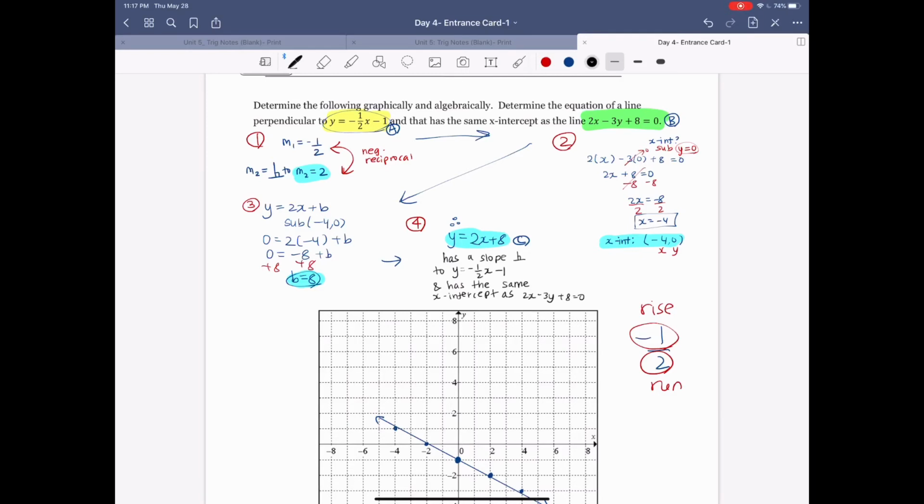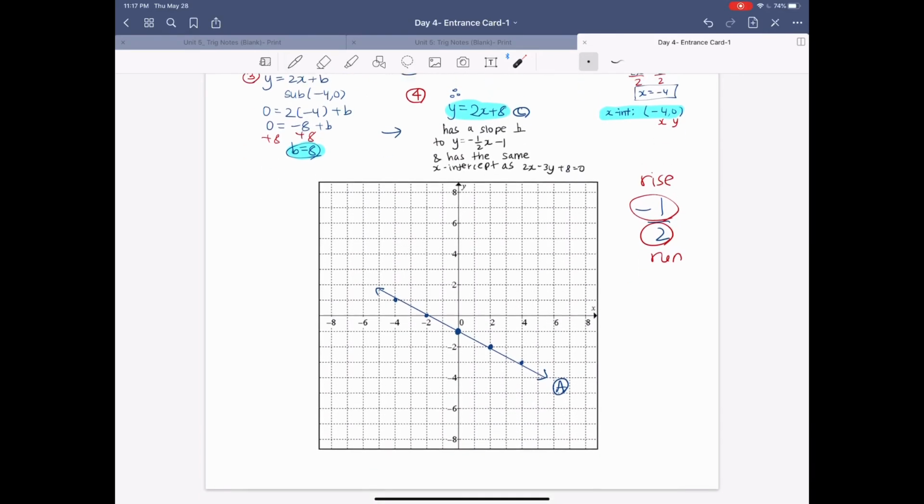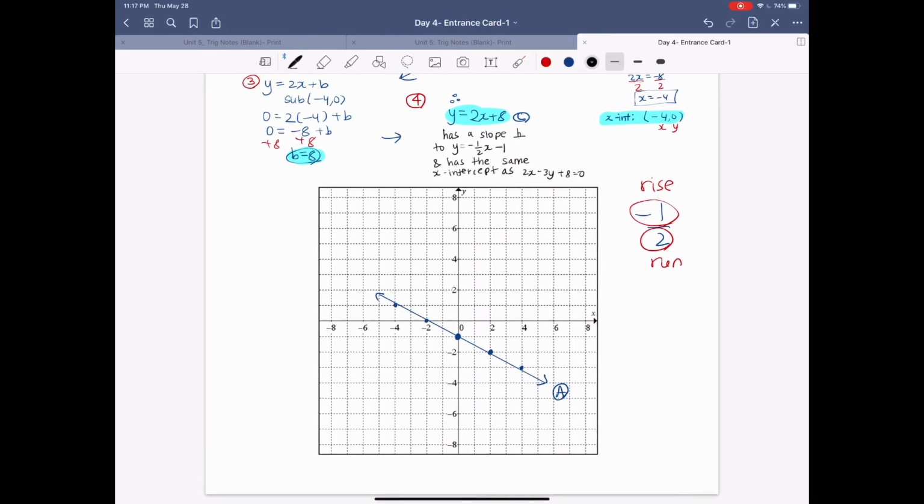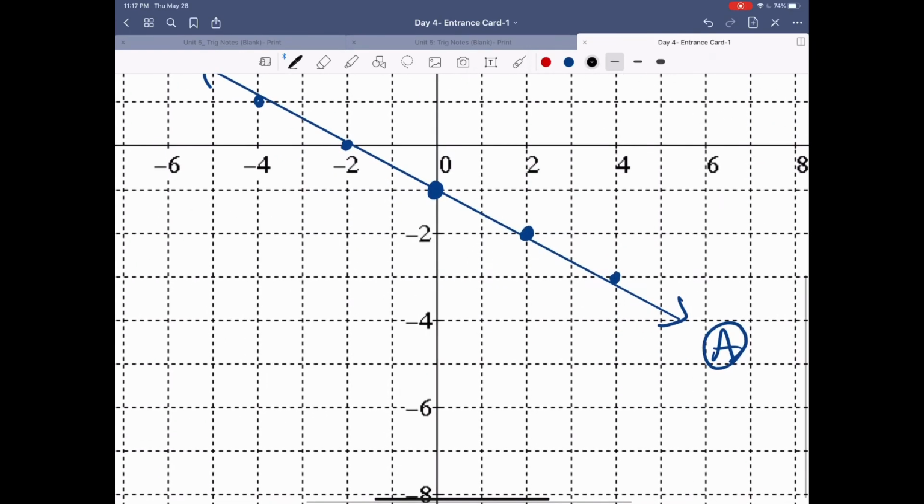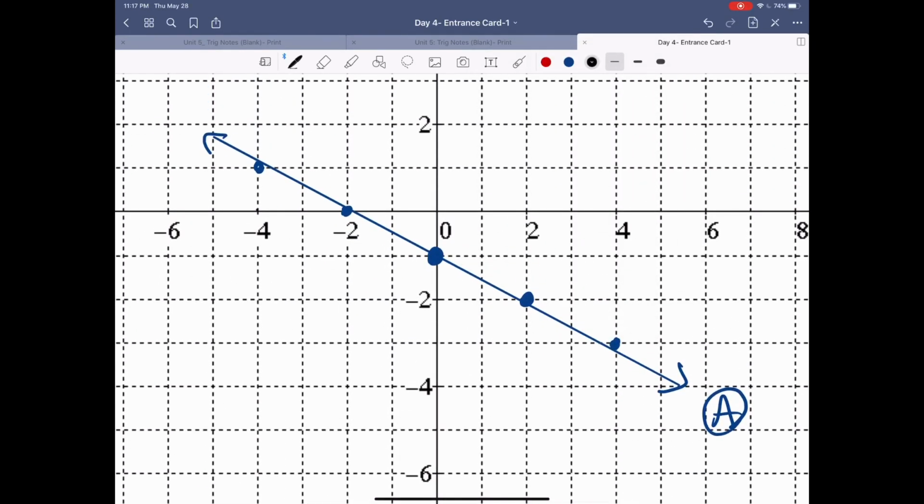I kind of went through it algebraically, so I'm just going to use this information. But if you were purely doing it graphically, you would have to rearrange this equation to get y by itself. So I'm just going to use the information that it goes through (-4, 0), just because I already found that. So (-4, 0) is right there.